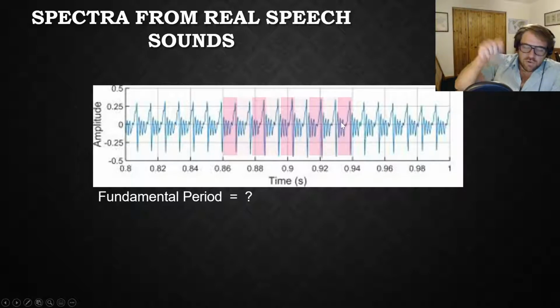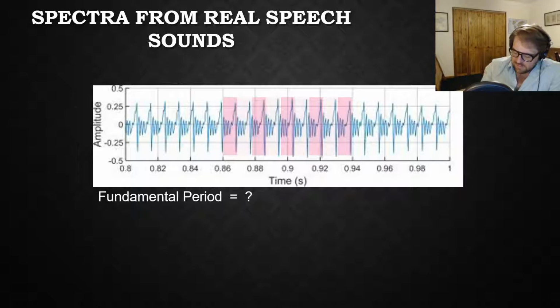So we're going to take our 0.08, divide that by 9. 0.0088888888888, and that's our fundamental period. It's 0.00888 repeating.